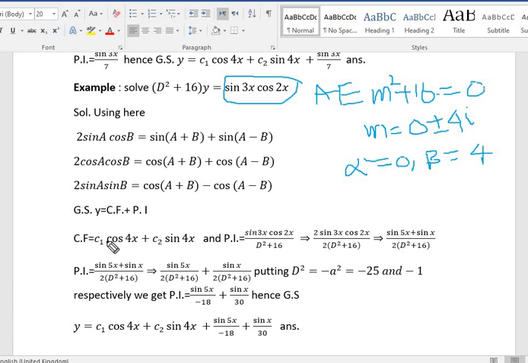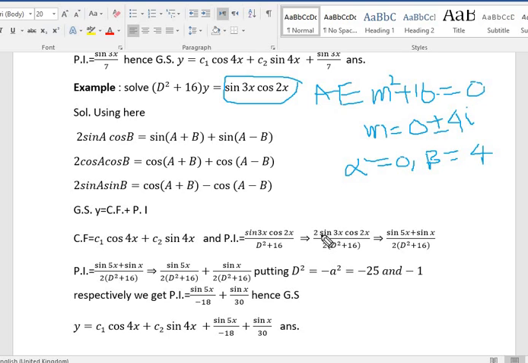Alpha is 0, so e power 0 means 1. So C1 cosine of 4x plus C2 sine of 4x, and the PI is sin 3x cosine 2x divided by D square plus 16. I do not know the particular integral of that directly, but if I multiply and divide by 2, there is no problem, we can cancel it.